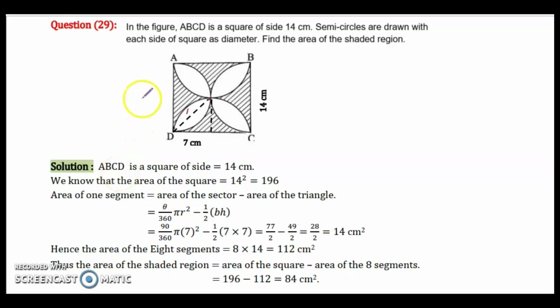Okay, then now in question number 29, ABCD is a square of side 14 centimeter. Semicircles are drawn on each side of the square as a diameter. Find the area of the shaded region. Therefore, what is the area of the shaded region? That is going to be the area of the square minus these portions, right?